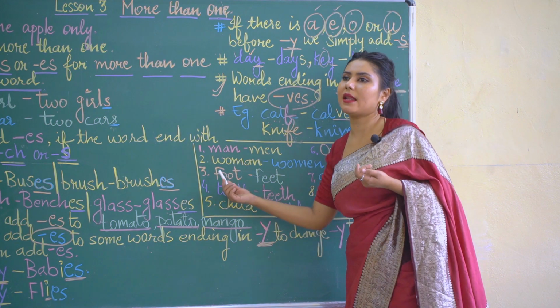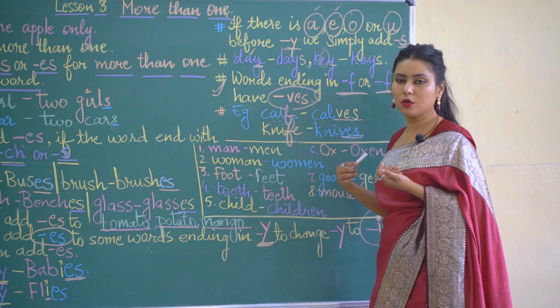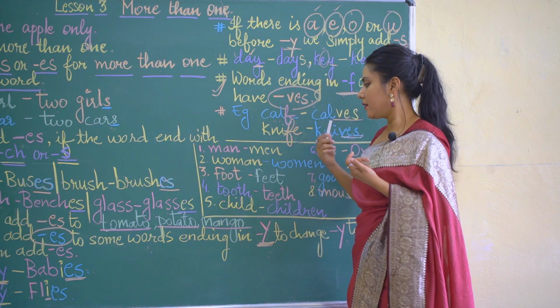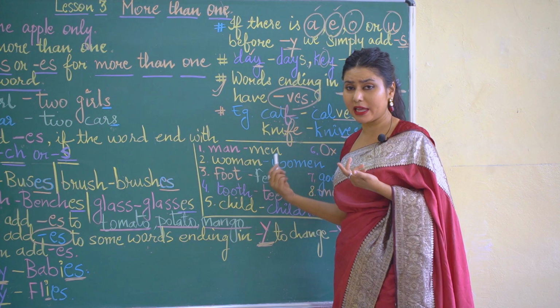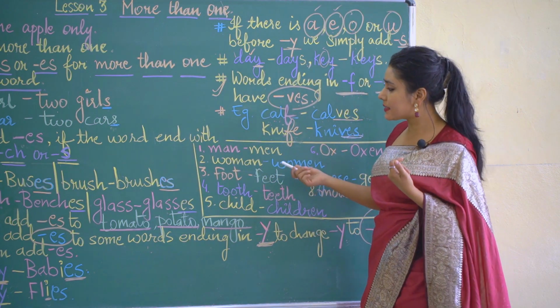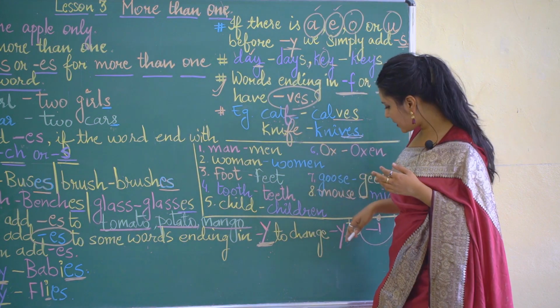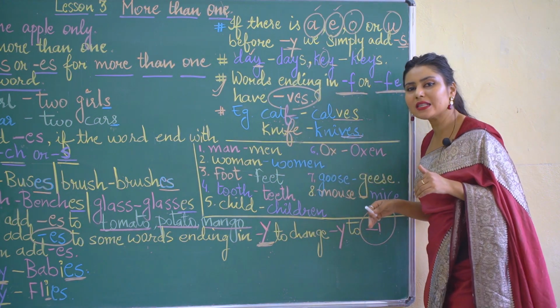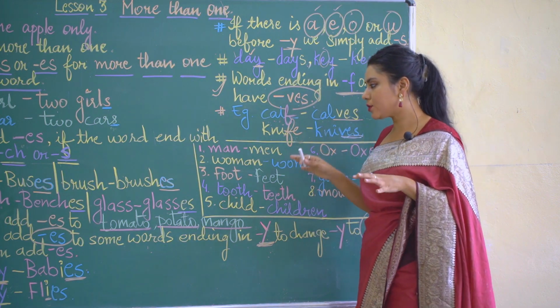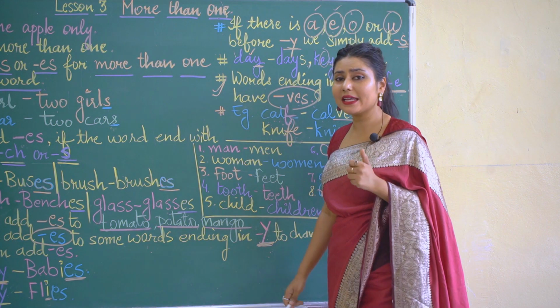You cannot say man, mans. Woman, womans. No, you can't say that. There are certain changes in the letters that you have to bring in to understand the plural form of those words. These are the 8 words that I've taken from your book, which for your class 2, you need to learn at this stage.